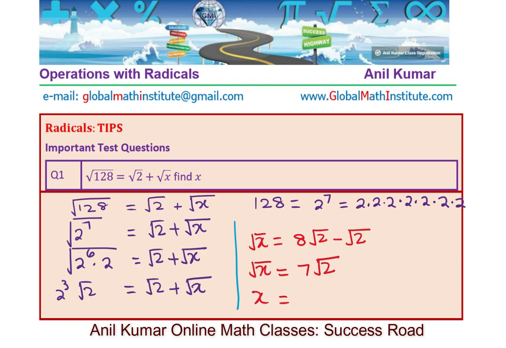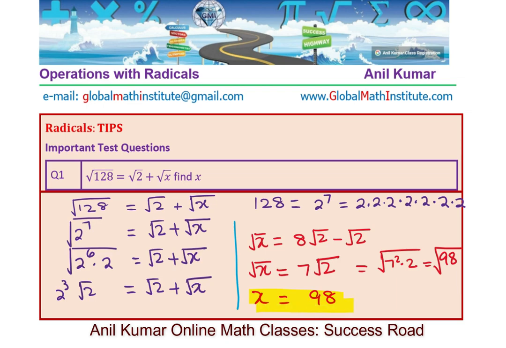Couple of ways to do it. You can take 7 inside, right? So it'll be square root of 7 square times 2, which is 49 times 2, which is square root of 98. And so x is 98. Makes sense? So that is how we could actually solve this particular question. Clear?